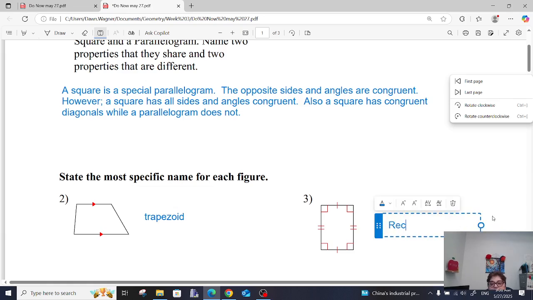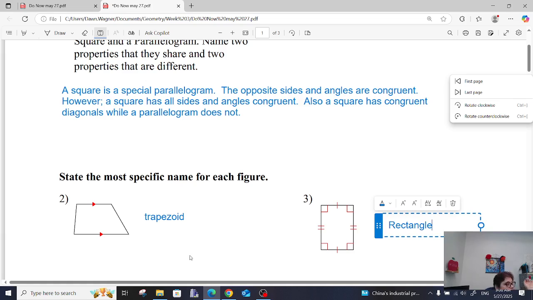That one's a rectangle. You know that it's not a square because a square would have all four sides equal and four right angles. The reason this is a rectangle is the opposite sides are equal with four right angles. Okay? Make sense?